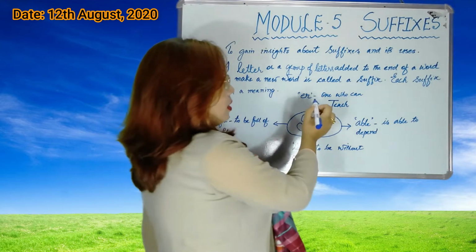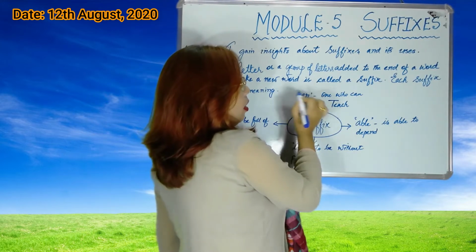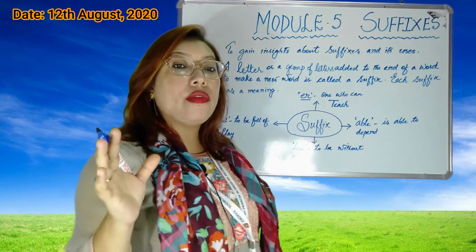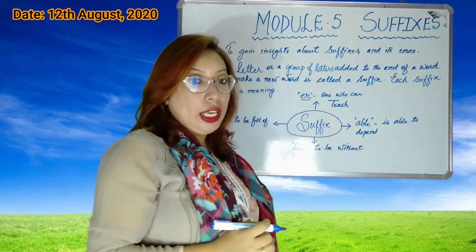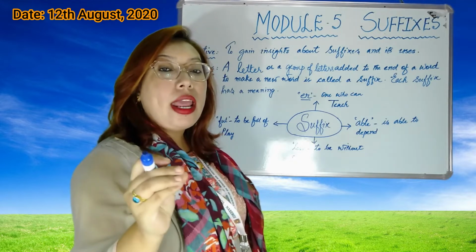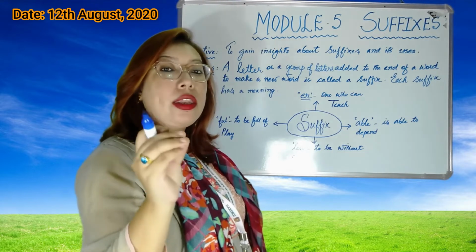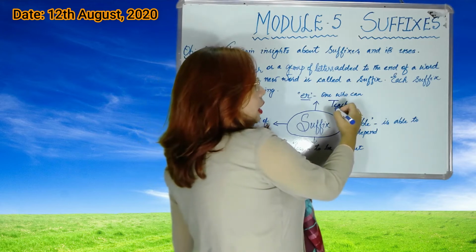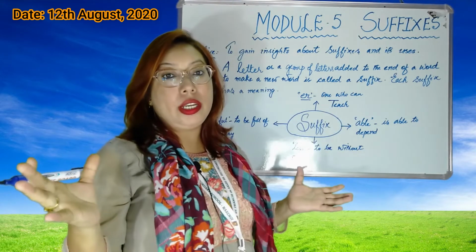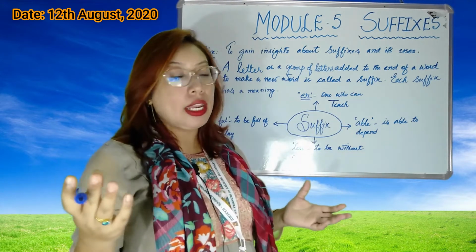For example, see here, what is the meaning of it? It means one who can. The suffix has a meaning. Now supposing I use the word teach, which is already a word, an action word, right?